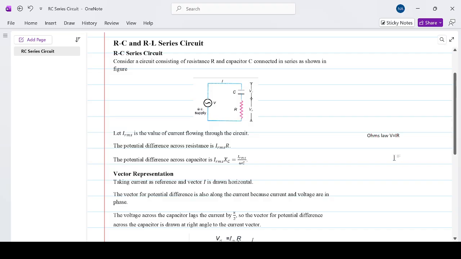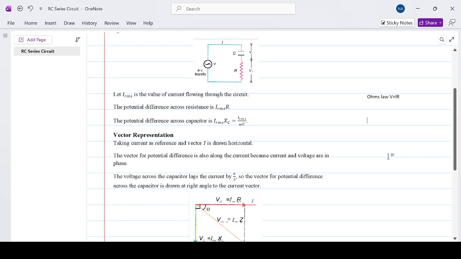We know that the capacitive reactance Xc is equal to 1 over omega C, where omega is angular frequency and C is the capacitance of the capacitor. This relation for the reactance we use here without deriving it.